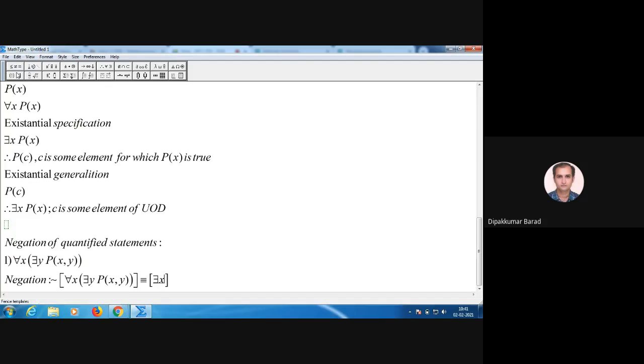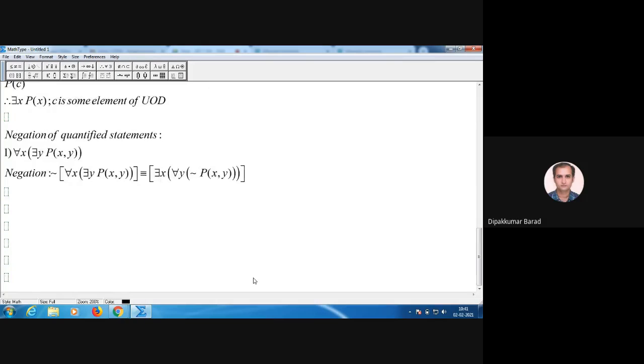Now in bracket, instead of there exists y, I now get for all y, such that not P of x comma y. So this is the negation of the given statement. Is it clear?